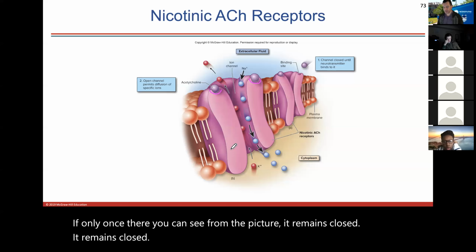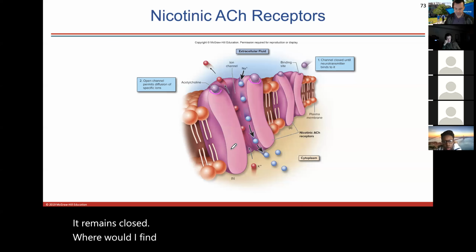Where would I find nicotinic acetylcholine receptors?